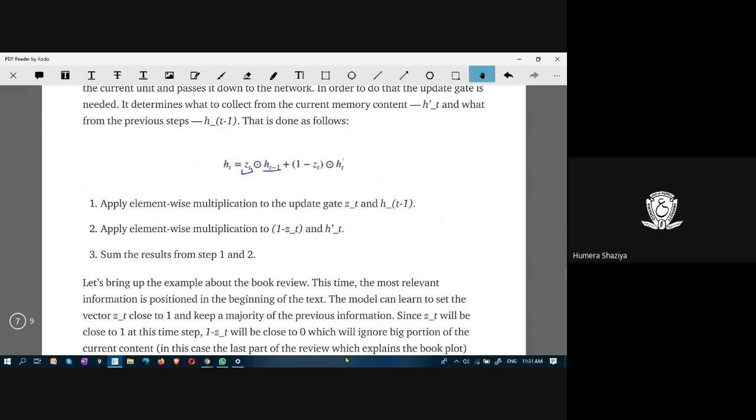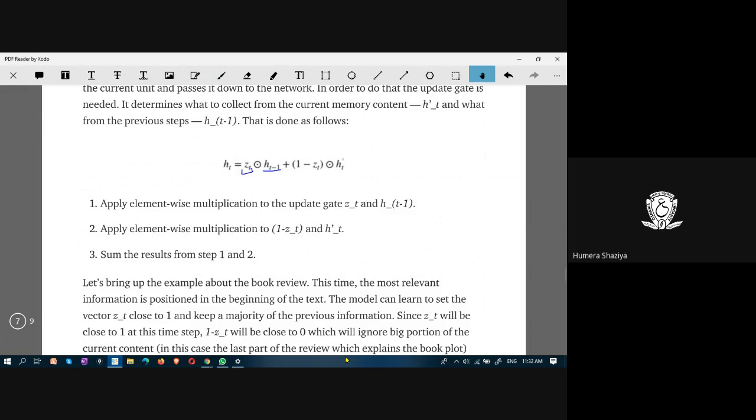This HT minus 1 you are getting from the previous unit. ZT you are calculating with the current input and the previous unit by applying the sigmoid function. That ZT, perform element-wise multiplication with HT minus 1.